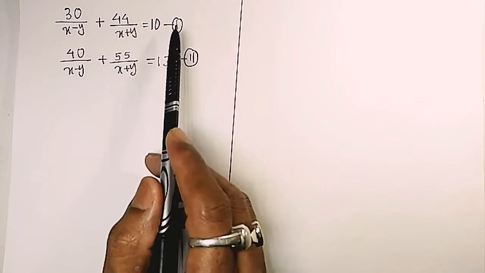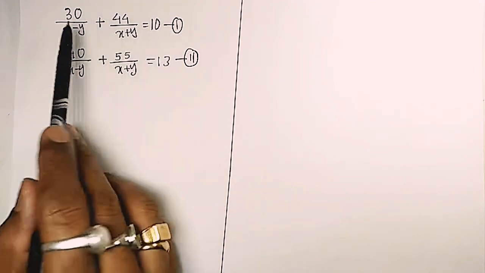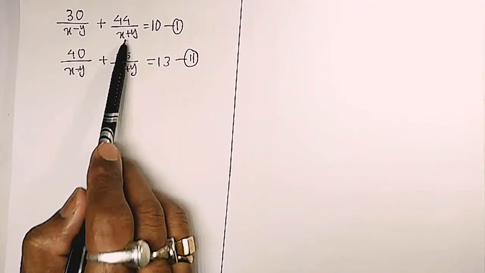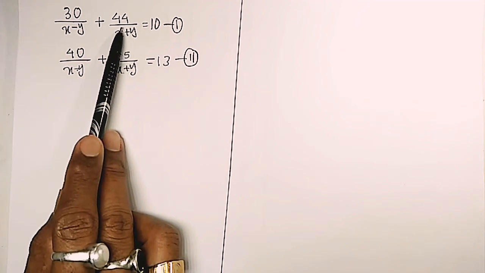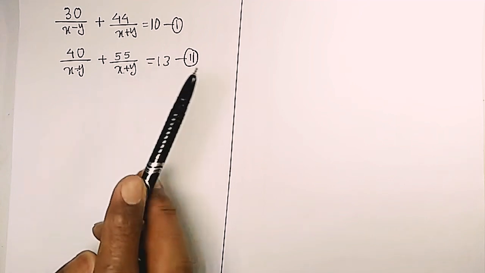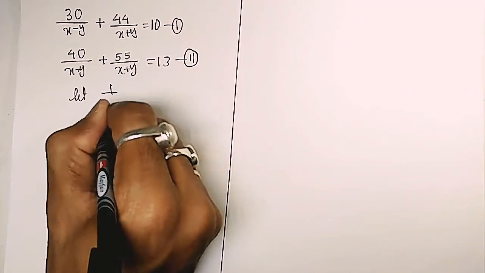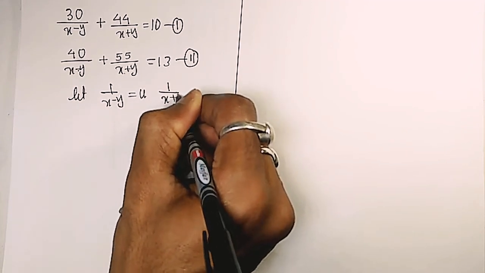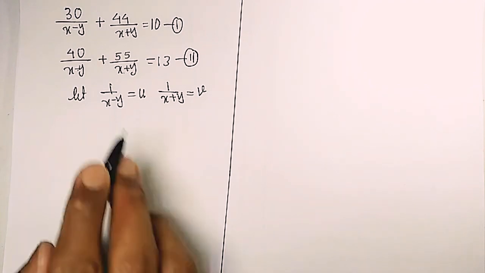And what is the technique to find the solution of x and y? So in equation 1, if you just check, the denominators are the same: x minus y, here also x minus y, x plus y and x plus y. When the denominators are the same in each term, then you use the technique of u and v. That means let 1 by x minus y equal u, and 1 by x plus y equal v.